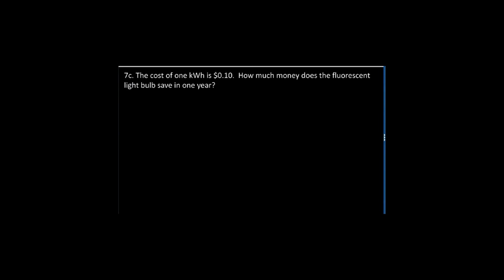Okay, let's go to part C. The cost of a kilowatt hour is 10 cents. So how much money does the fluorescent light bulb save in a year? So we're going to take that 80.3 kilowatt hours per year, and multiply that by 10 cents.